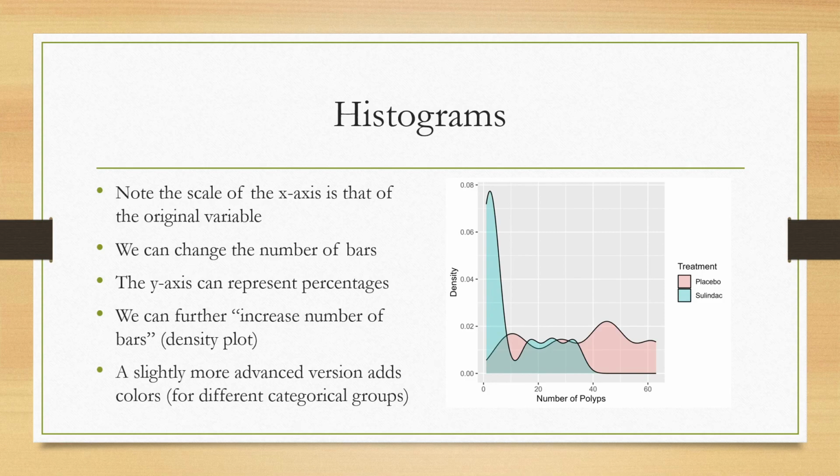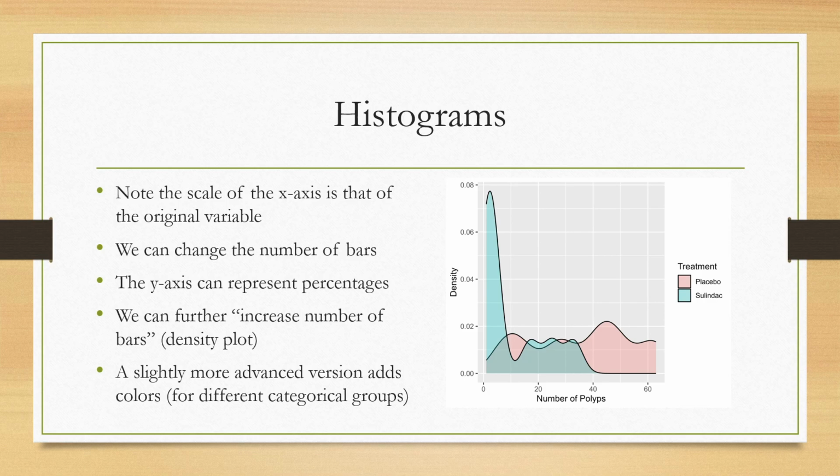Doing a little bit more advanced version, I did it with density plots because it looks kind of cool, we can add those colors. Here I have the placebo group and the drug group. Placebo is in red, drug is in this blue teal color, and I have them overlaid on the same plot. I can see that those in the drug group had much fewer polyps at the end than those in the placebo group.